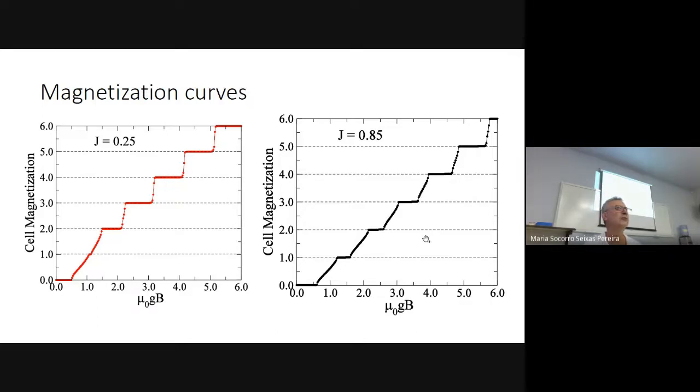If you look carefully at the plateaus, you will see very small jumps, like in here or in here. And these very small jumps are related to edge states, as Professor René showed us on Monday.